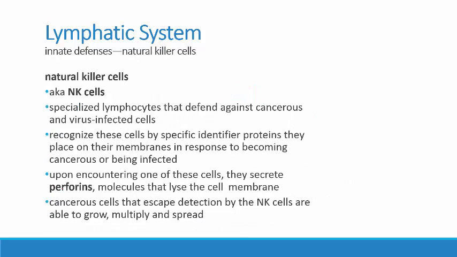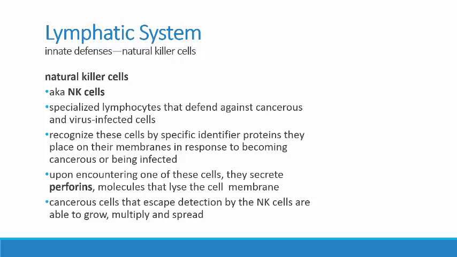Okay, so chemical barriers were one of the second-line defenses. Natural killer cells are a second kind of second-line defense, also called NK cells. Frequently, rather than calling them natural killer cells, people describe them as NK cells.